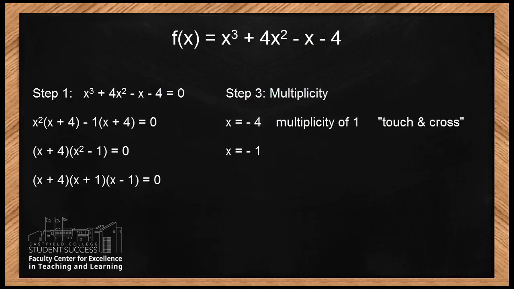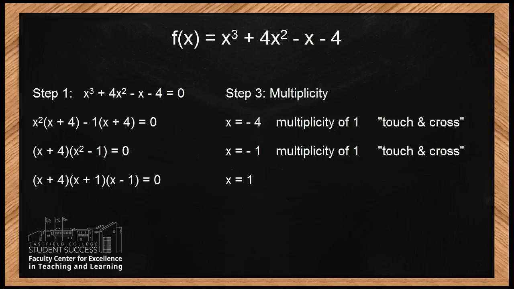Let's look at x equals -1. Go back and look at the exponent on the factor x plus 1. The exponent is 1. Again, multiplicity of 1. The graph will touch and cross. Let's look at x equals 1.